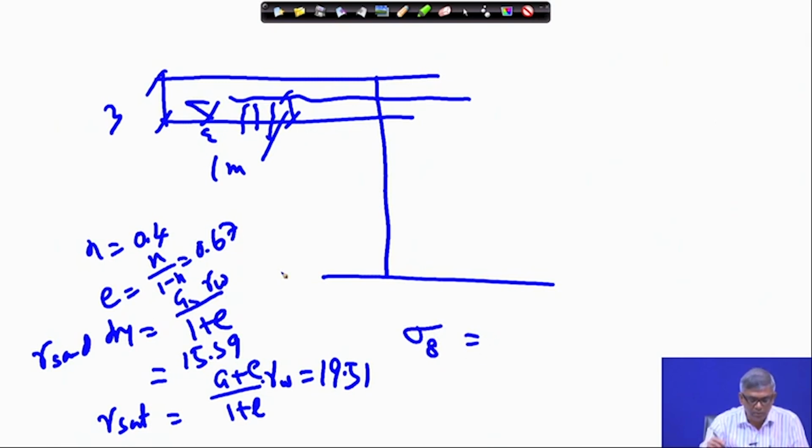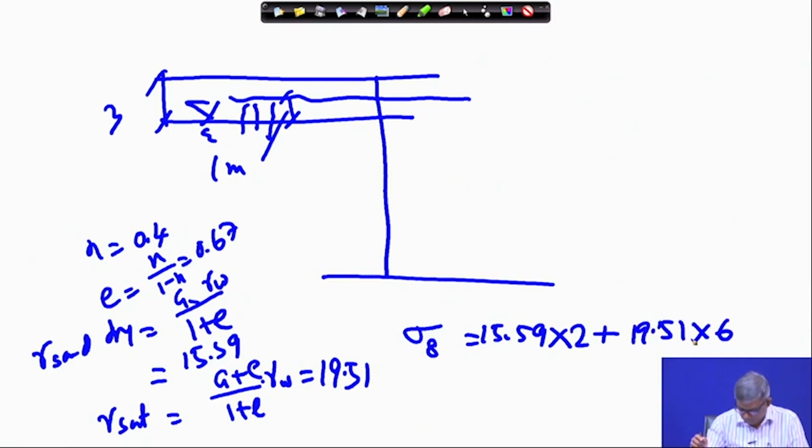It will be equal to 15.59 into 2 plus 19.51 into 6. So, it will give you 148.24.